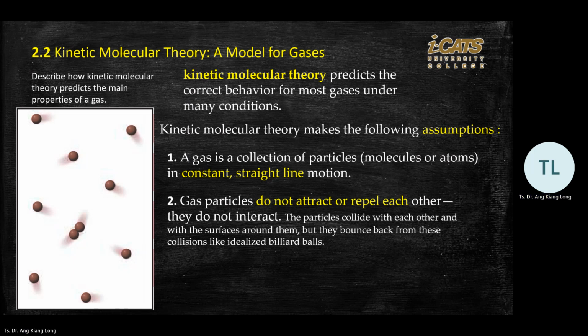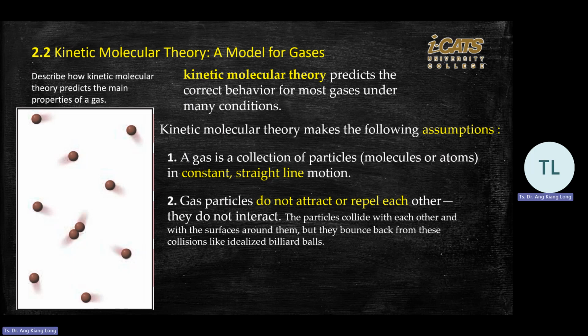Constant, why constant? Because in real life, a molecule moves because of energy. When you move, you consume energy. So sometimes it will slow down. You hit and lose energy, and then the velocity will slow down and so on.